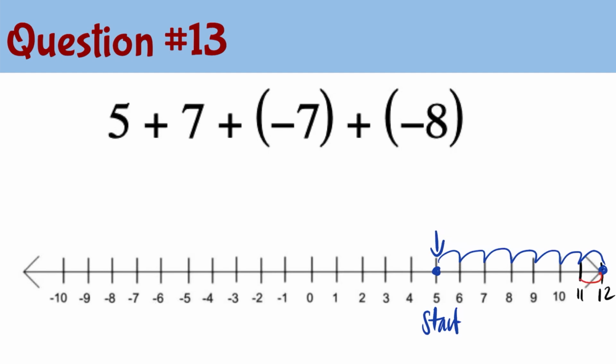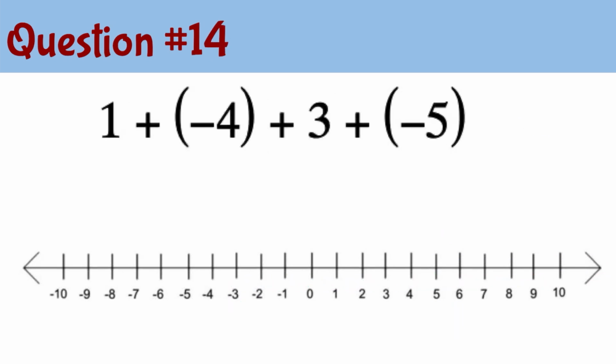So 1, 2, 3, 4, 5, 6, 7. Now from this 5, we need to move 8 units to the left because it's adding negative 8. So 1, 2, 3, 4, 5, 6, 7, and 8. So this means that the answer for this problem is negative 3.